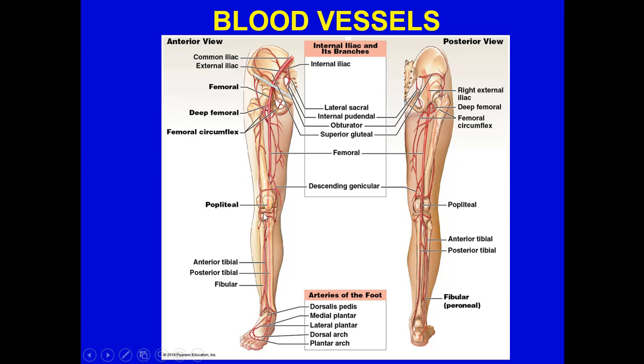Descending, we're going to the popliteal, anterior and posterior tibial, and then the fibula, and then we have the arteries of the foot. You can see the back end of this where the fibular comes down, and they basically have the arches here. The plantar arches, medial and lateral, and the dorsal arch, and the plain old plantar arch.